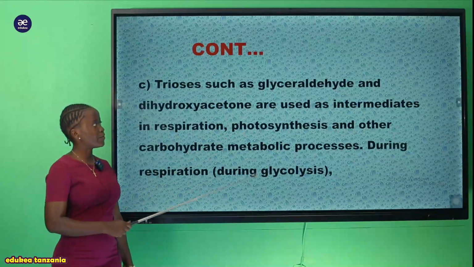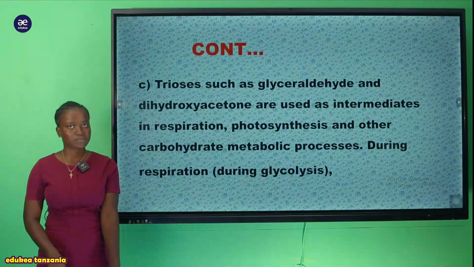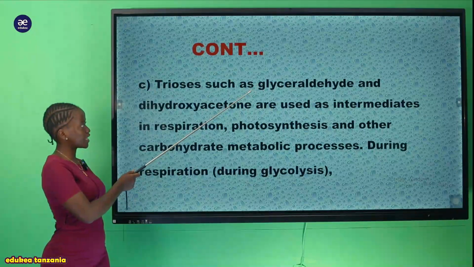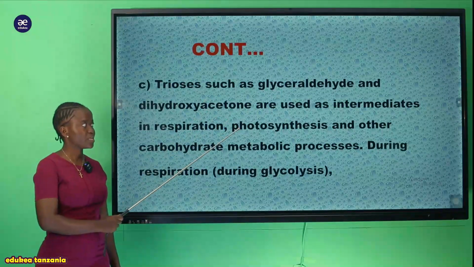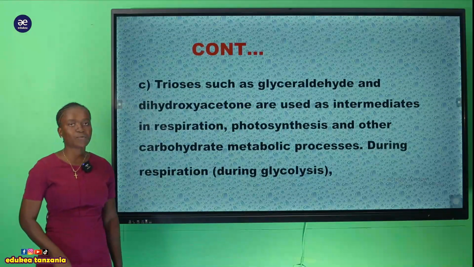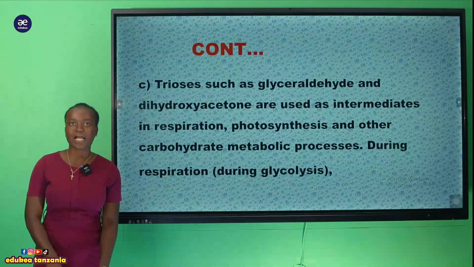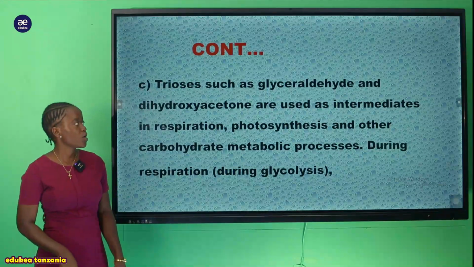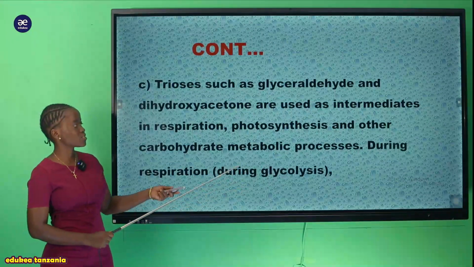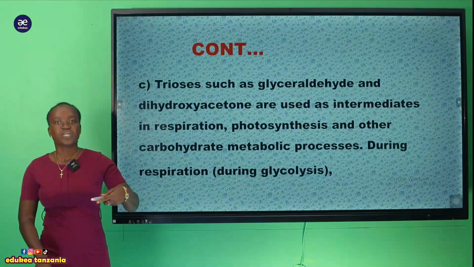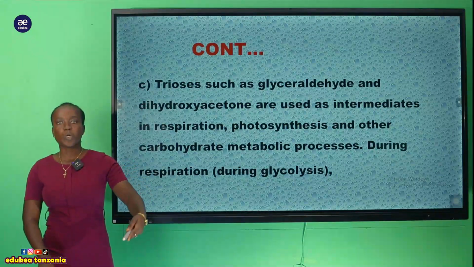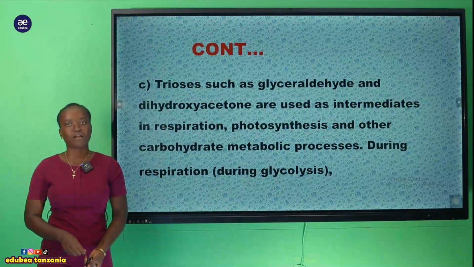So unaweza ukaona we have these trioses. Kwa mfano hapo tunaongelea glyceraldehyde pamoja na dihydroxyacetone. Hizi ndizo intermediate za kwenye respiration pamoja na kwenye photosynthesis. Kwa hiyo zinatumika sana hizi kwenye metabolic process so that it will yield a lot of energy so that it can form a lot of product within the living organism.